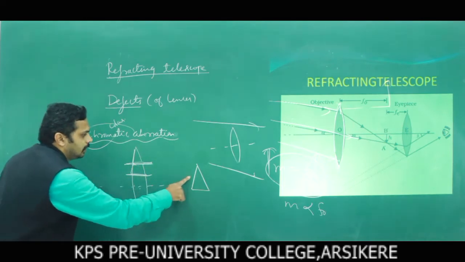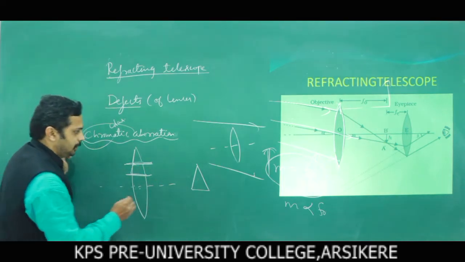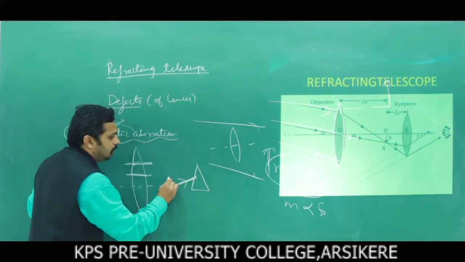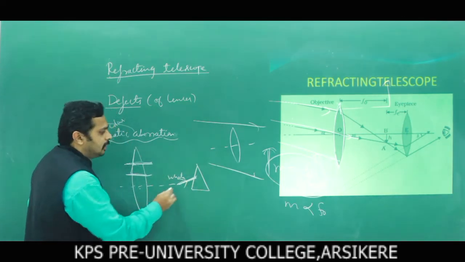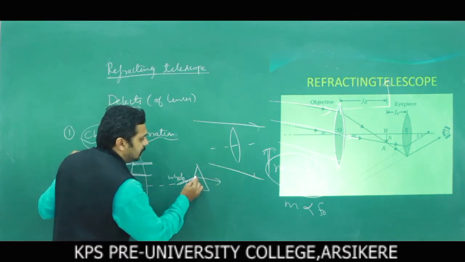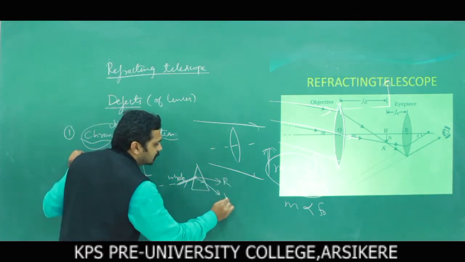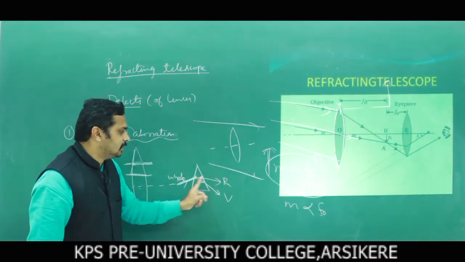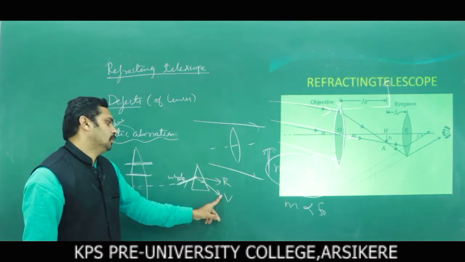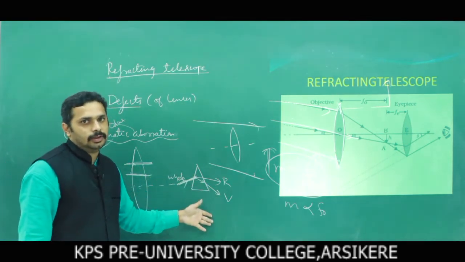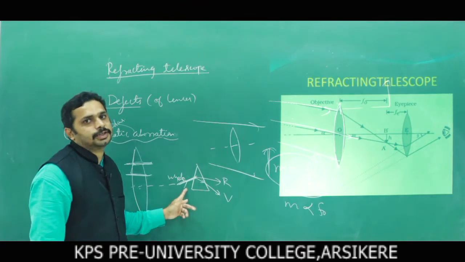If you cut the lens, you get prisms up to the middle portion. You pass white light. White light is a mixture of many colors. You know that red color deviates less and violet color deviates more. Different colors have different wavelengths and different refractive indices.